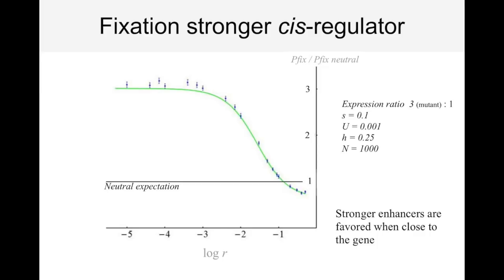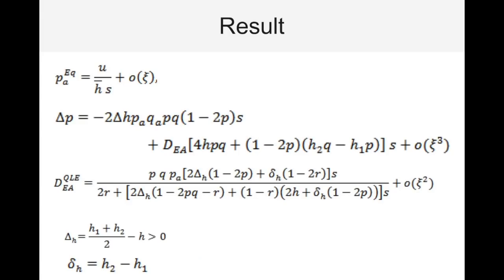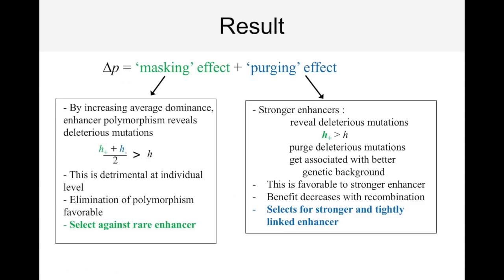So stronger enhancers, stronger cis-regulators are always favored if they are close enough to the gene that they regulate. Of course, you've got a lot of models you can do about this. And again, the metaphorical explanation of what's going on is simply that, as in the diploidy model, you've got two effects, one of masking and one of purging.